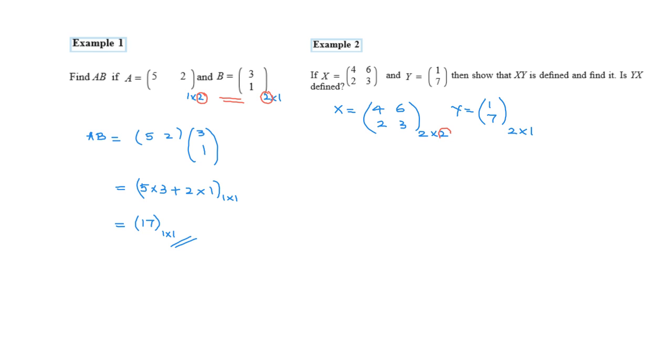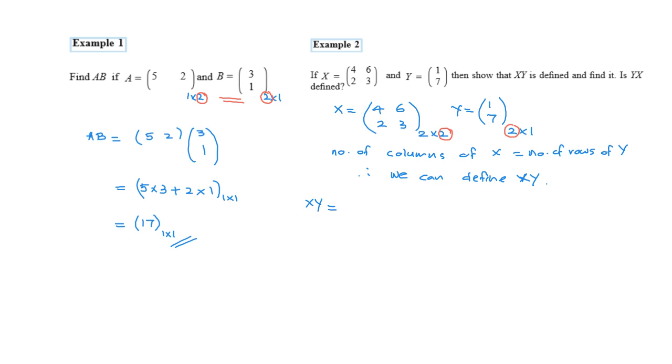Then here columns equal rows, so we can define. Therefore, the number of columns of x equal to the number of rows of y. Therefore, we can define xy. How to find xy now?